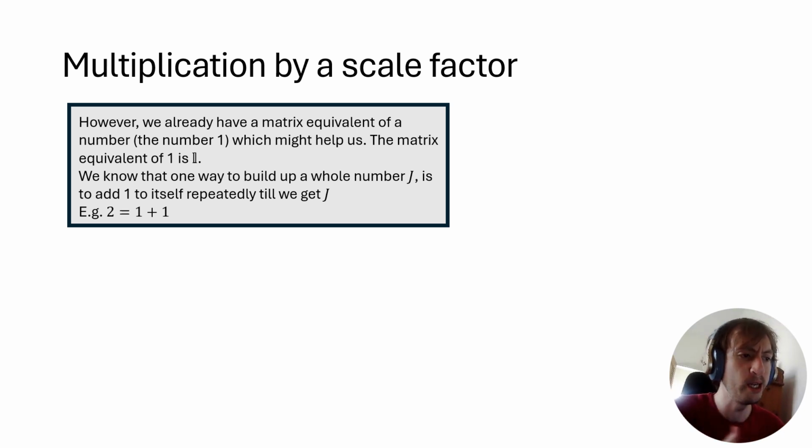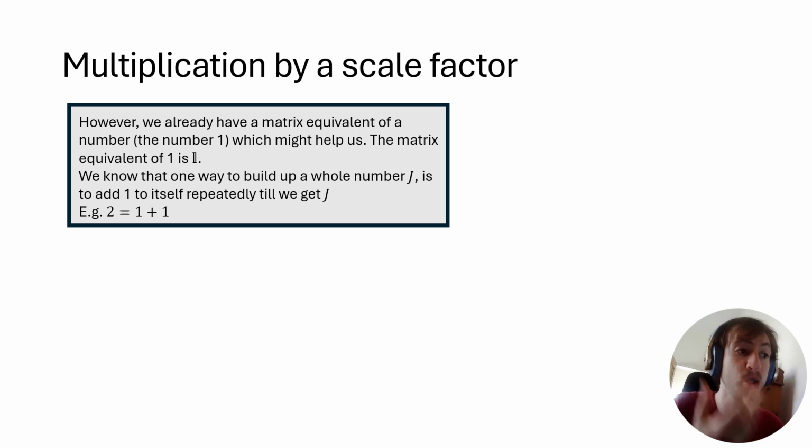So if we're thinking of representing j as a matrix, however we get to j using the number 1 will be similar to how we get to the matrix version of j using the identity matrix. So if we think about a number that j could be, hypothetically, let's take j as 2. We can get 2 by adding 1 and 1.